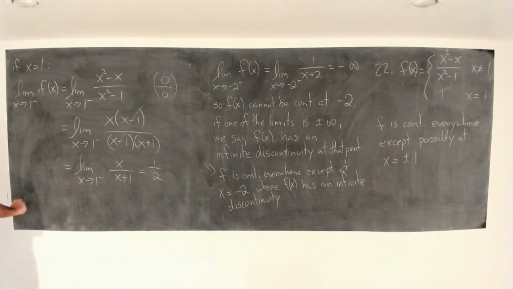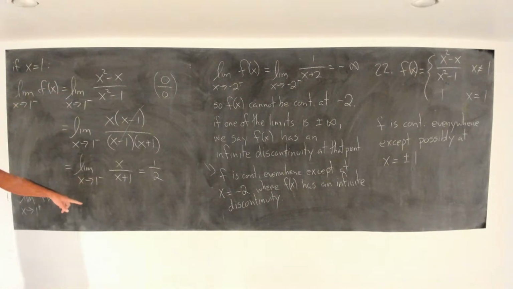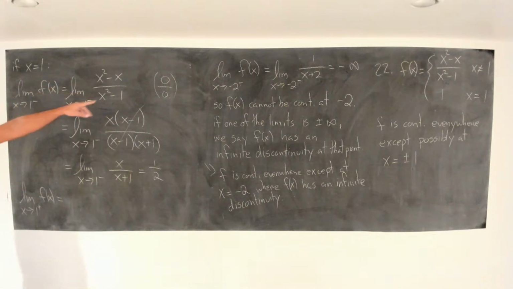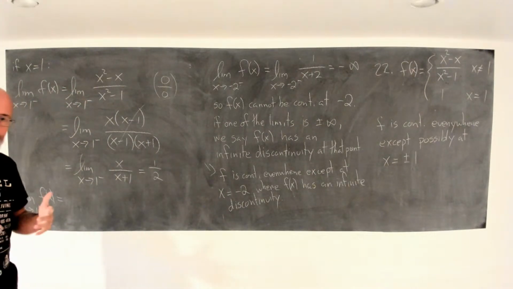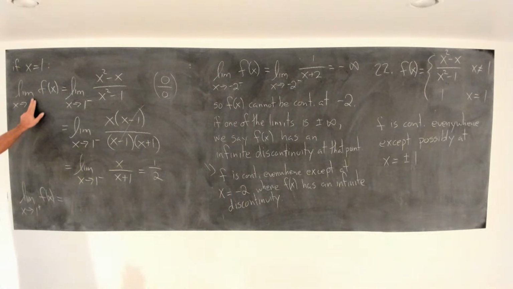And if you do the limit from the right, well, it's exactly the same, right? It's the same function on the left or the right. So you could have done it in one step and just said the limit as x goes to 1. That would have been fine.